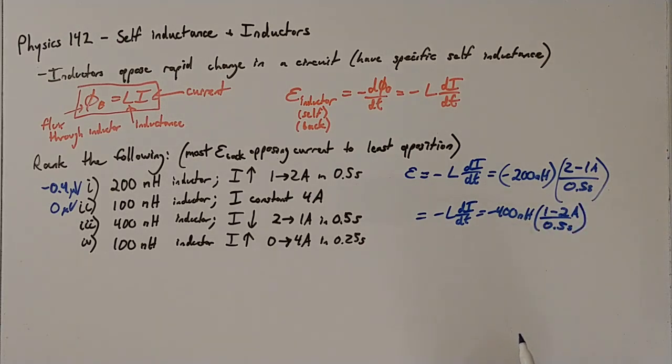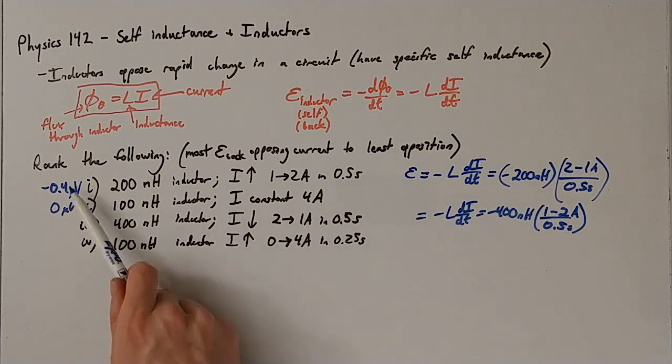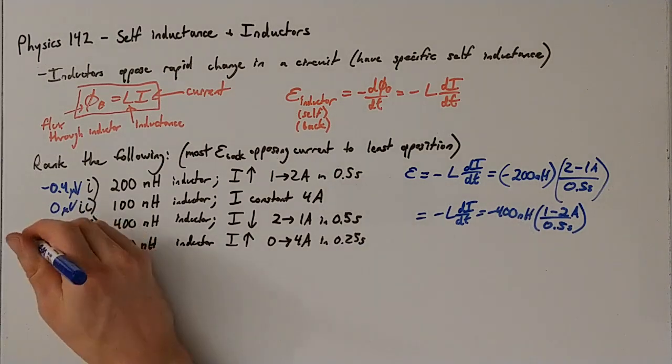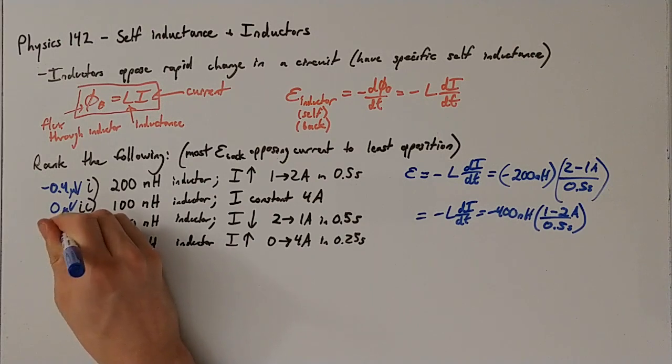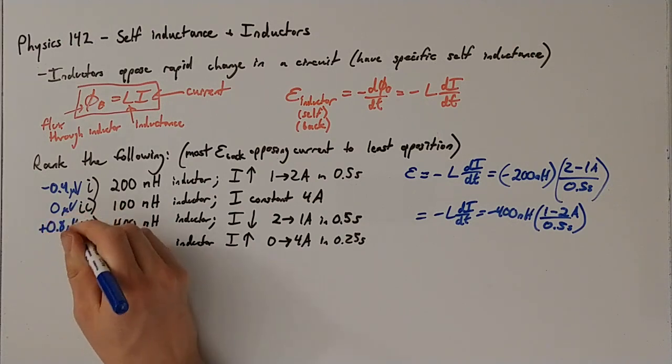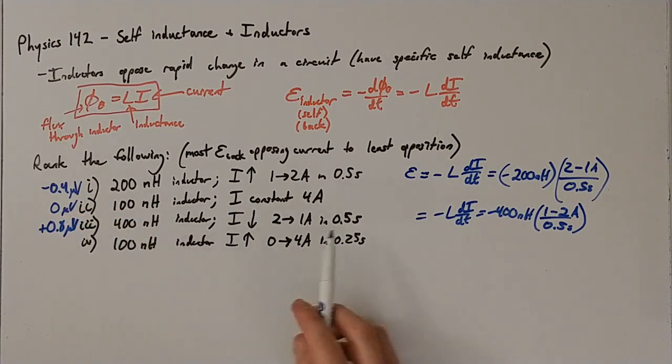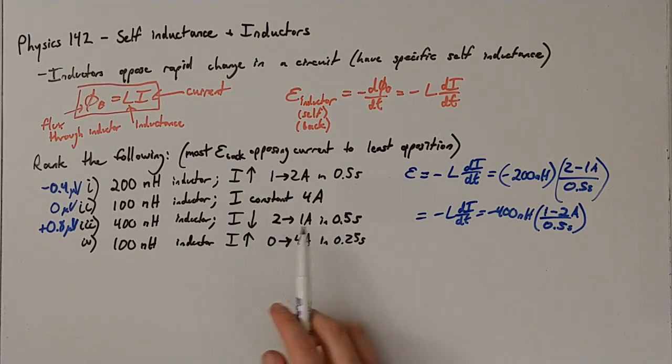It's double the inductance, so I'm going to get double the answer, but opposite sign. So I end up getting plus 0.8 microvolts. That means here we're actually supplying current to the circuit.